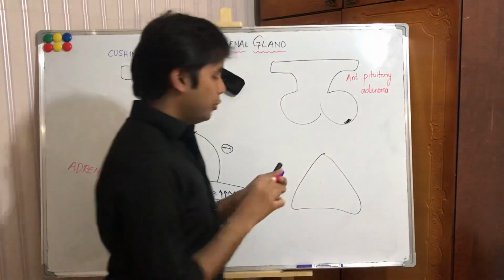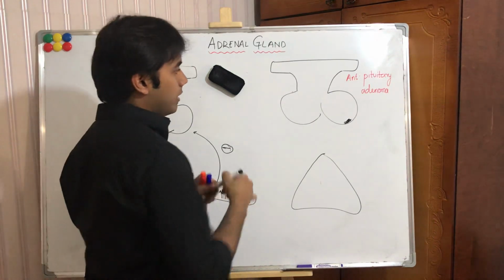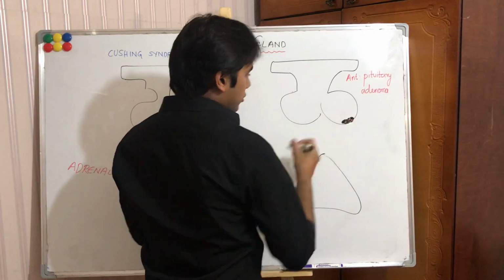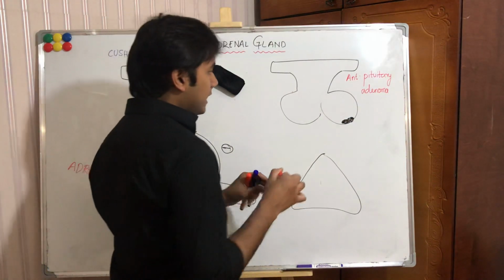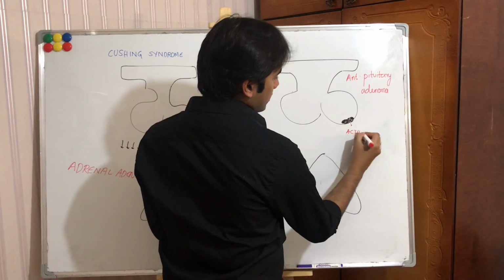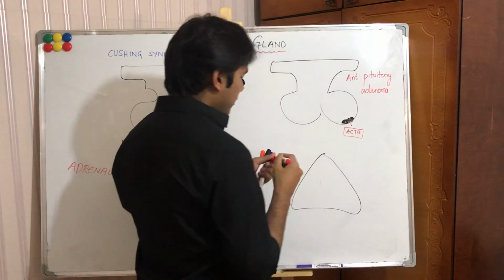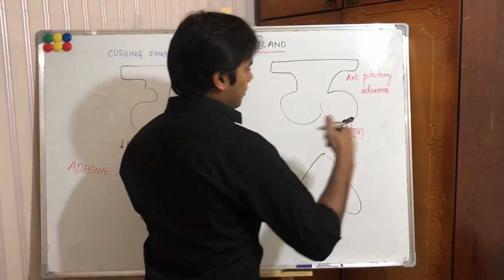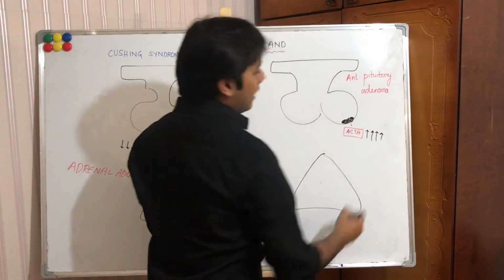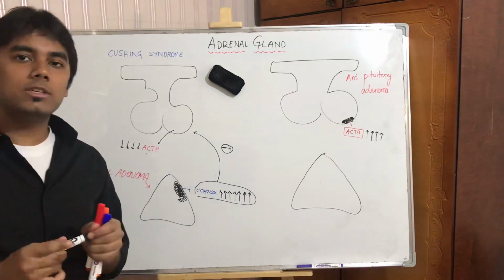If there is a tumor in the anterior pituitary, look here, there is a tumor here, and this tumor is causing increased secretion of ACTH. ACTH is secreted very, very vigorously, like this. Hypersecretion of ACTH. Now tell me, when there is hypersecretion of ACTH, what happens?